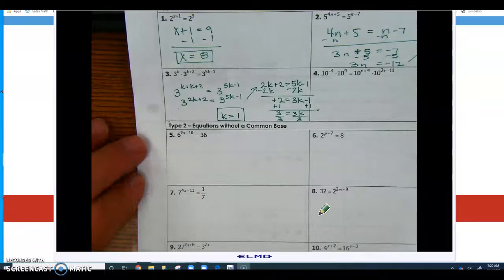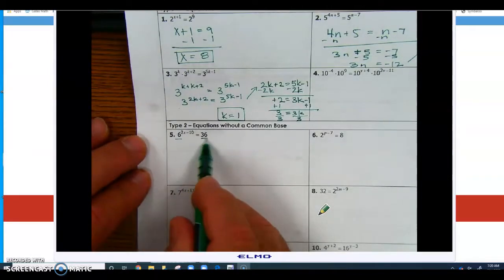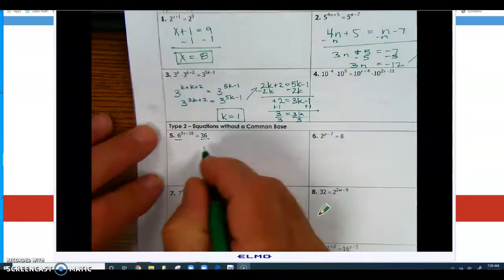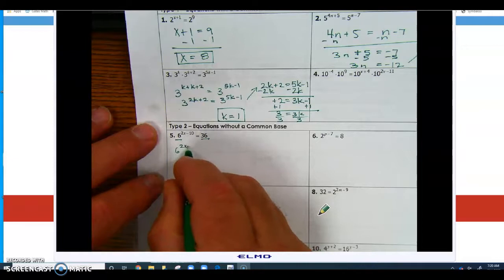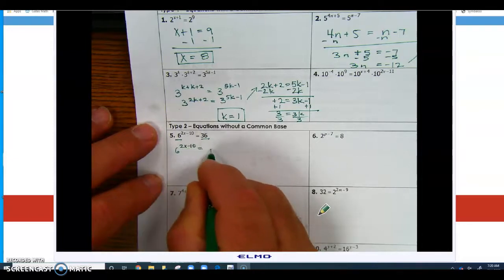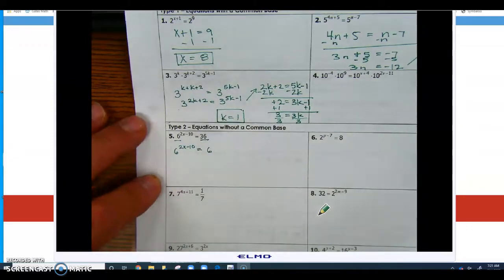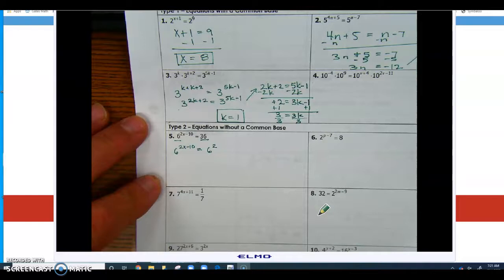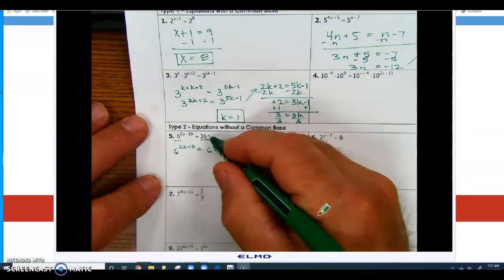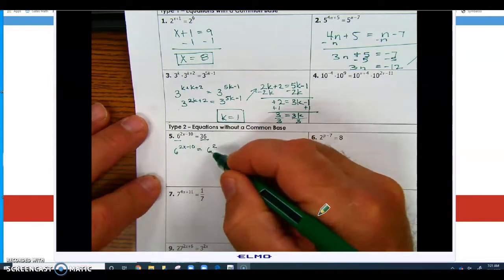Let's come down to the second type of equation. Now, there is no common base here, but can I rewrite 36 differently? Can I rewrite 36 as 6 to the power of something? Well, yeah, 36 is 6 squared. So there we go. This number is the same as this number.